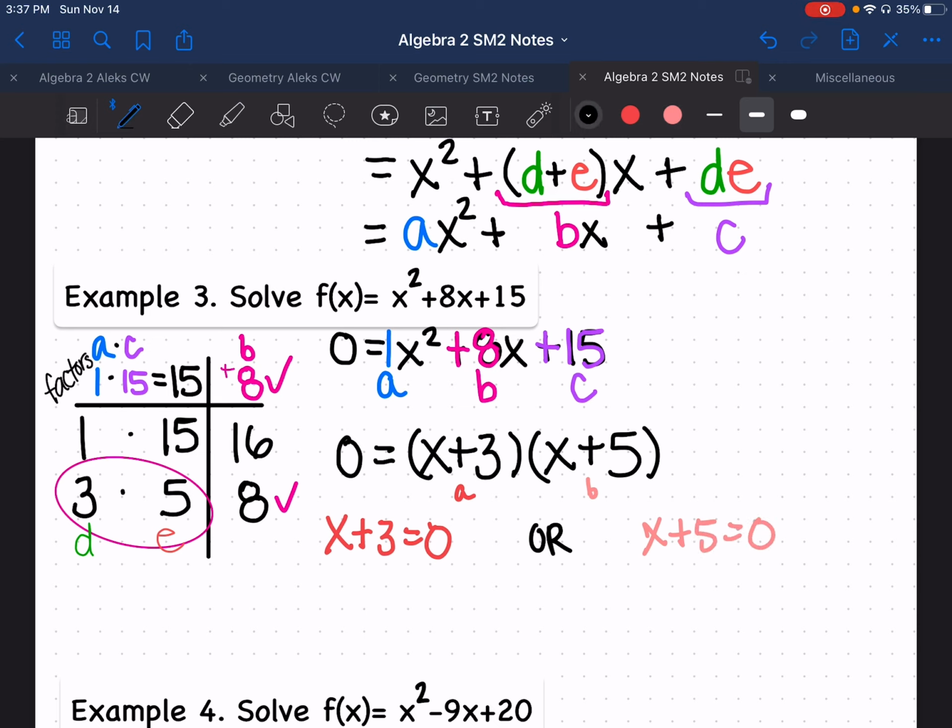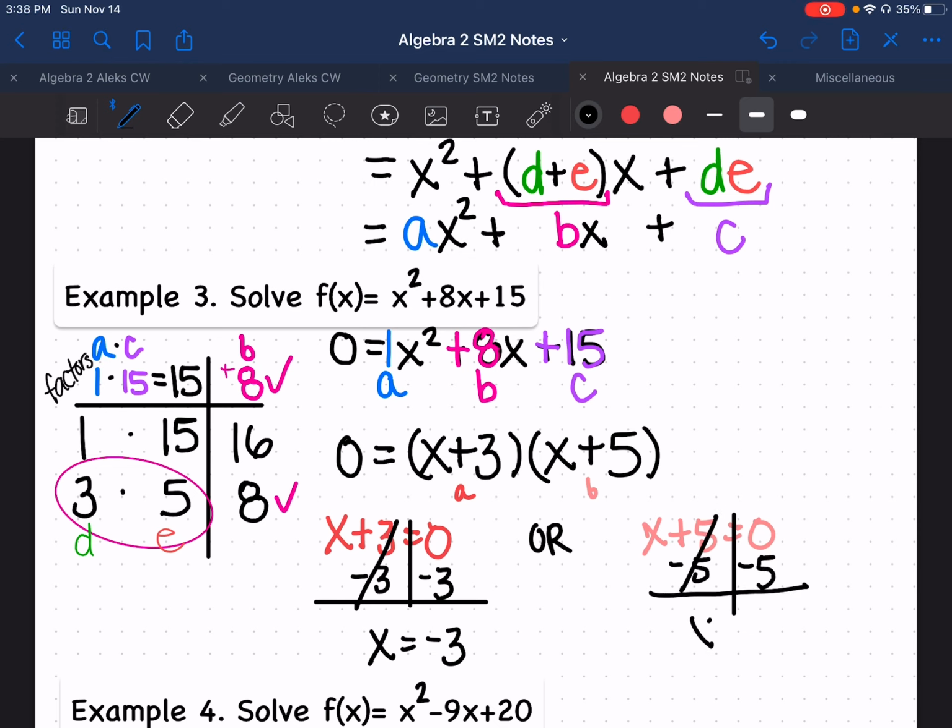And I can come back in and I can solve both of these. They're simple one-step equations where I'm either going to add or subtract. Negative 3 is my first answer. I'm subtracting again. Negative 5 is my second answer. And that's it. I've solved.